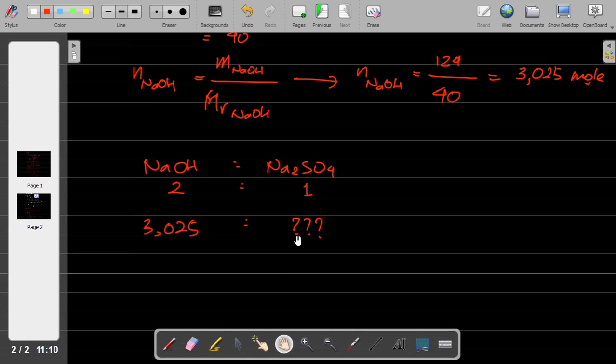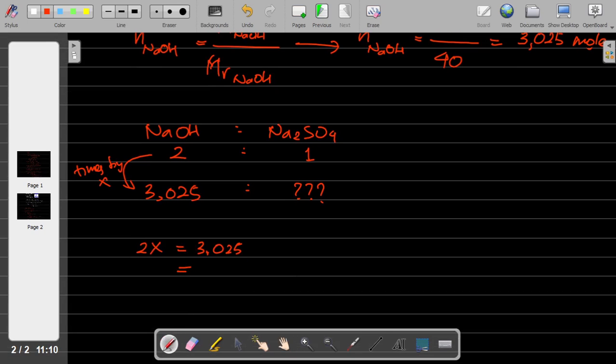What number makes 2 become this number? Let's say 2 times x equals 3.025.